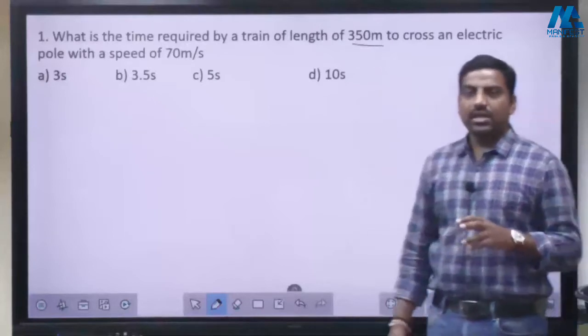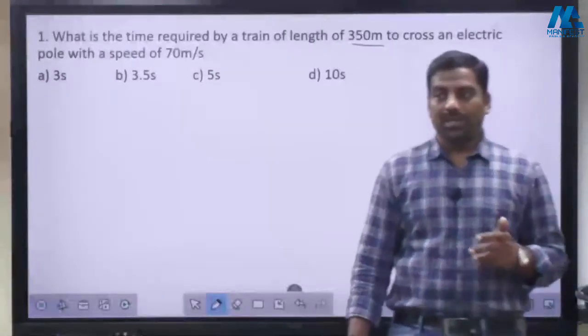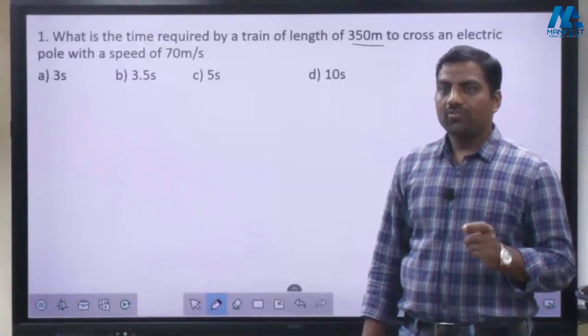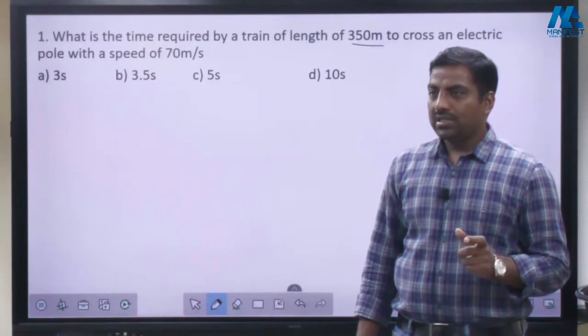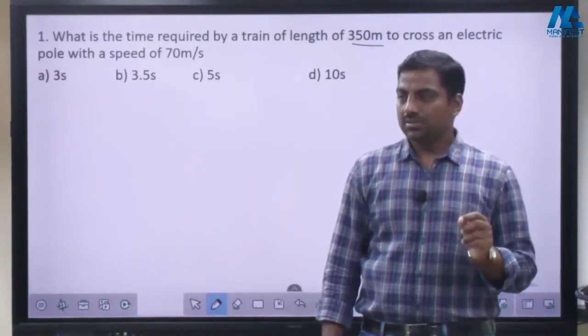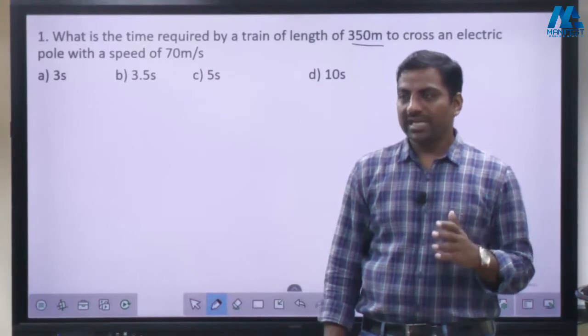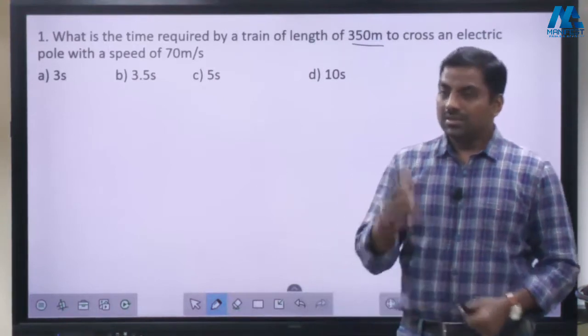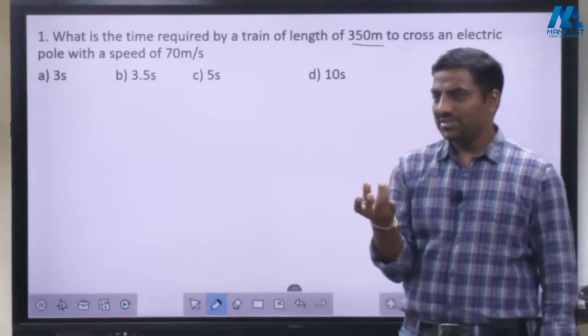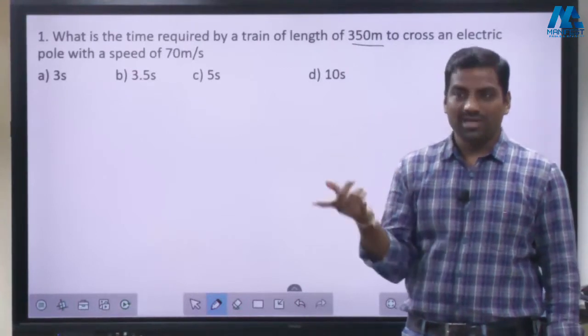But the train speed will be given in kilometer per hour. Getting my point? So in that case, we have to convert the speed of the train from kilometer per hour to what? Meter per second. Because the train will take few seconds to cross anything, right? Few seconds, sometimes minutes, but not in hour.